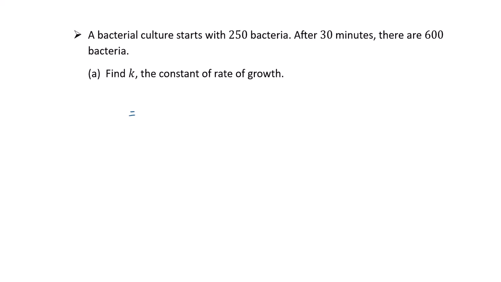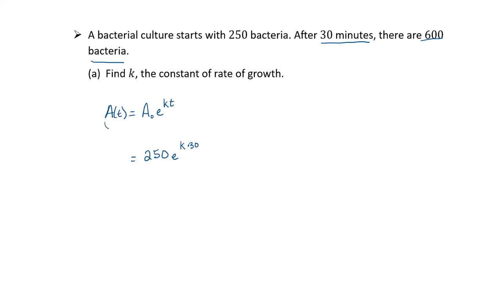To start this, I'm going to start with the model A of t equals A sub 0 e to the kt. Now, A sub 0 is my starting number of bacteria, 250. E to the k, which is what I'm trying to find, and t, I'm given a time of 30 minutes and 600 bacteria that is tied to that 30 minutes.